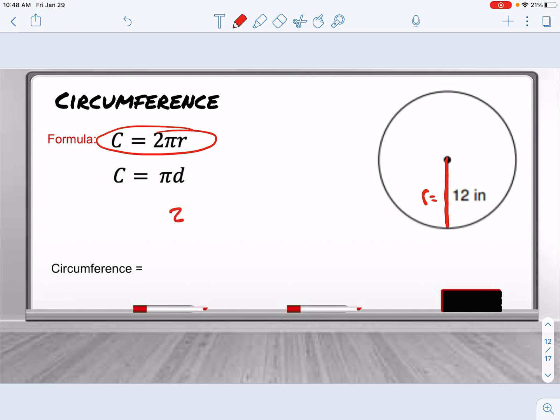So we need to do 2 times pi, which is our number 3.14, times the radius, which is 12. So when we do 2 times 3.14, we get 6.28. And then 6.28 times 12 equals 75.36. So this circle would be 75.36 inches around.